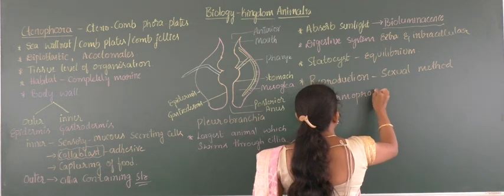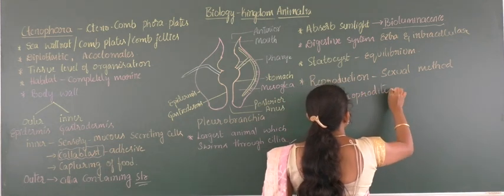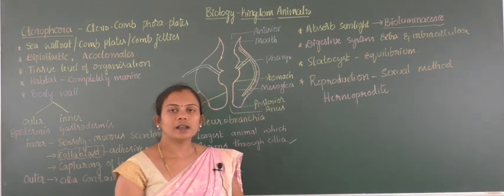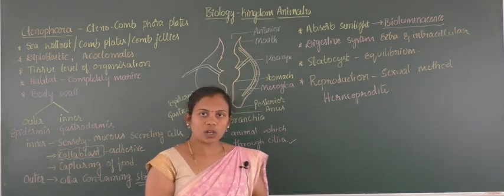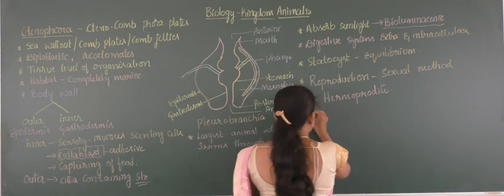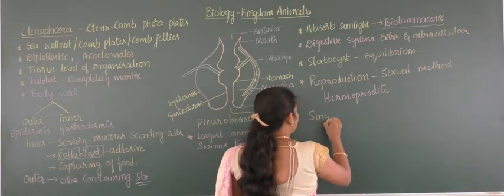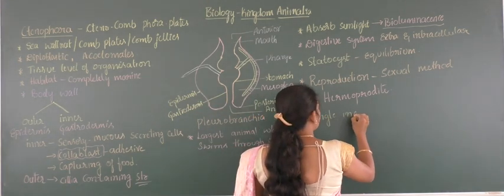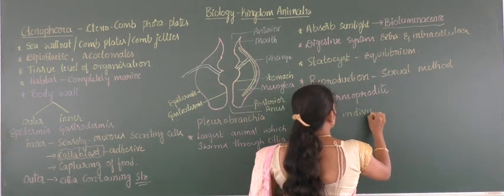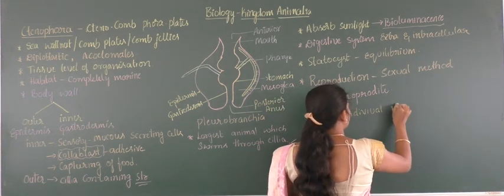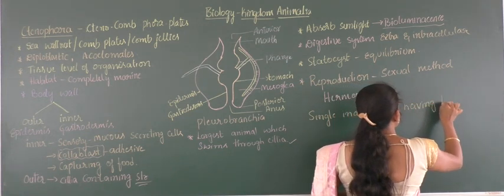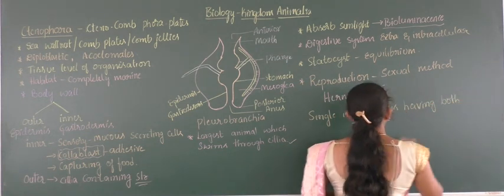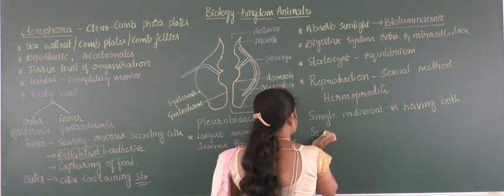What do you mean by hermaphrodites? As I said in the earlier class, a single individual organism is having both the sexes, both sex-bearing structures, both gonads.